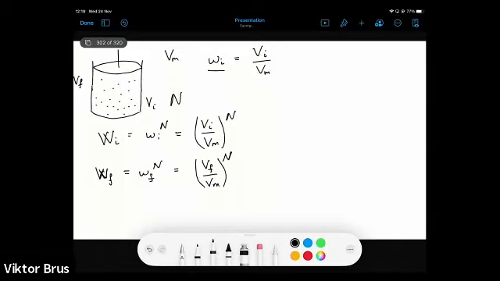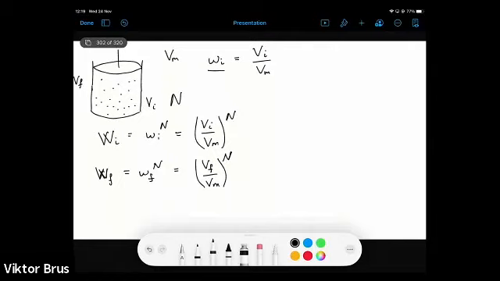So this W, capital W, is actually the so-called statistical weight or thermodynamic probability, which defines the total number of microstates to describe a given macrostate. We have these two values for statistical weight, W final and W initial.